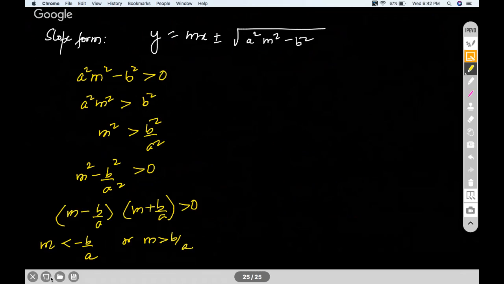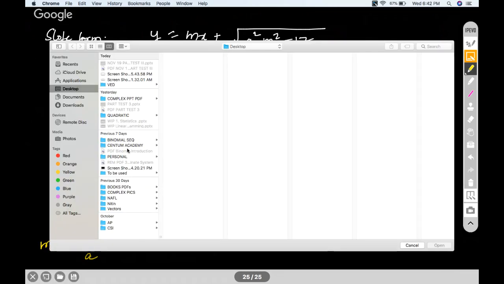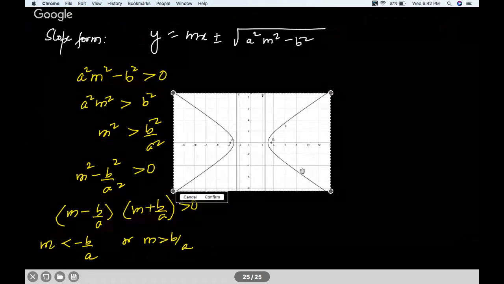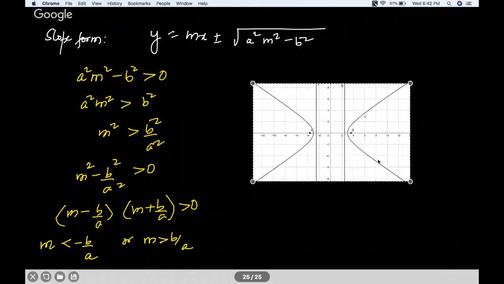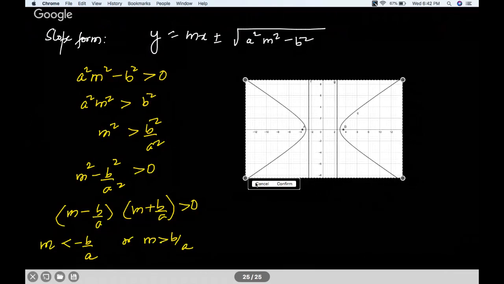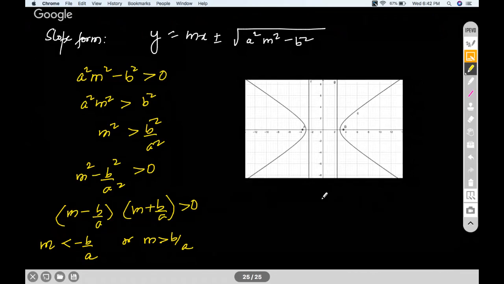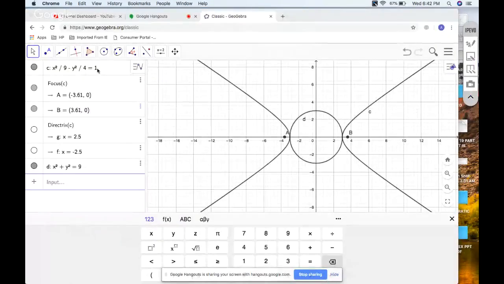In other words, let me tell you what is b by a and minus b by a slope. I'll just take you to the GeoGebra setup. Let's say I draw a slope line of b by a slope.